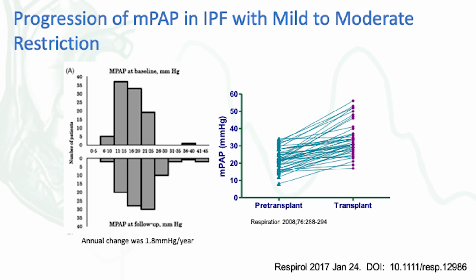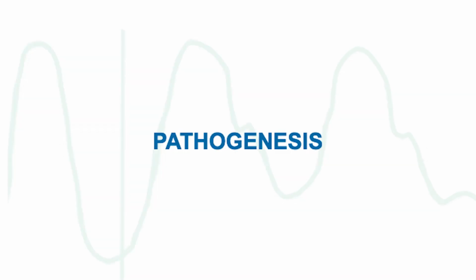It is worse, so this is progressive. So just like you need to follow your patients with pulmonary arterial hypertension for progression of their disease, you have to follow your patients with group 3 PH-ILD for progression of their disease.